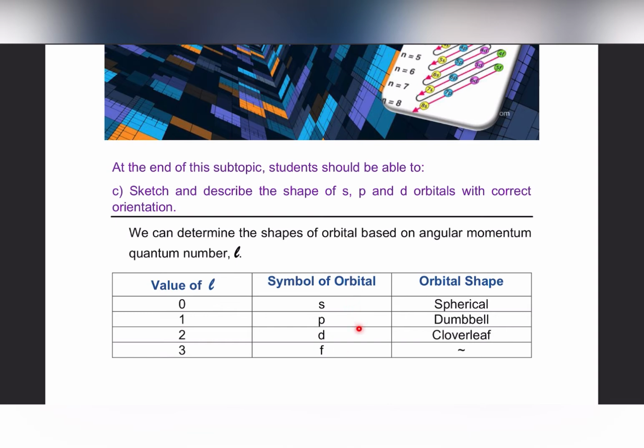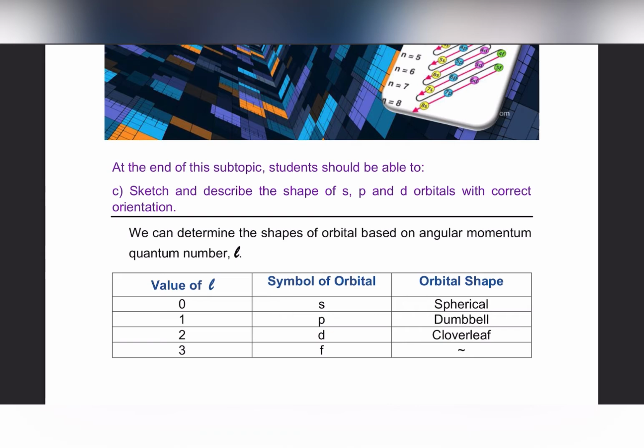From this value, you can determine the subshell for the orbital, and also the orbital shape.